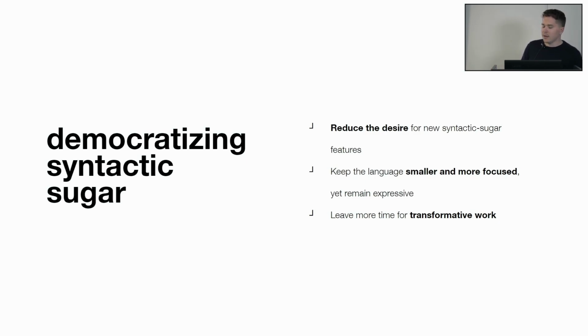And as a result, from a language design perspective, they will reduce the desire for these syntactic sugar type language features, which as a result will keep the language smaller and more focused, yet keep it expressive.